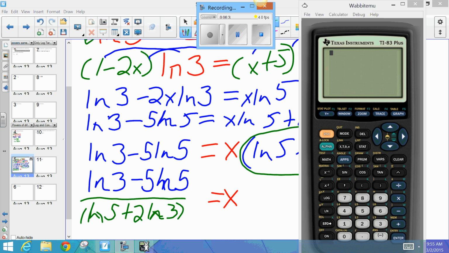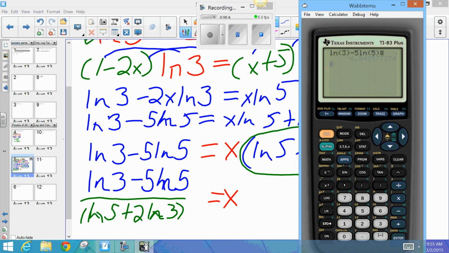So I'm just plugging this into the calculator now. So I've got natural log of 3 minus 5 natural log of 5. Okay, and then I'm going to divide that by natural log of 5 plus 2 natural log of 3.